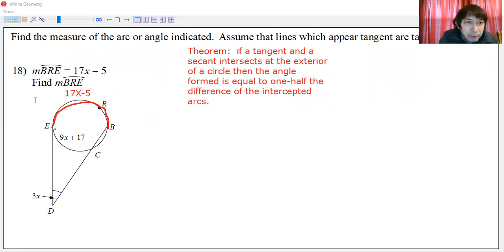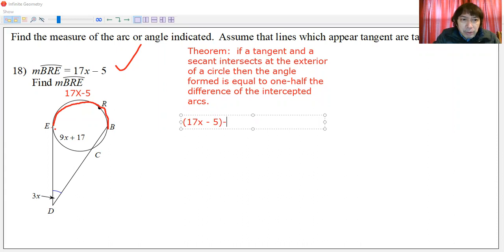There's a given expression. It's over here. There. It's 17x minus 5. That's BRE. So it's the larger arc. Let's have our working equation. Here's our working equation. It's the larger arc, 17x minus 5.